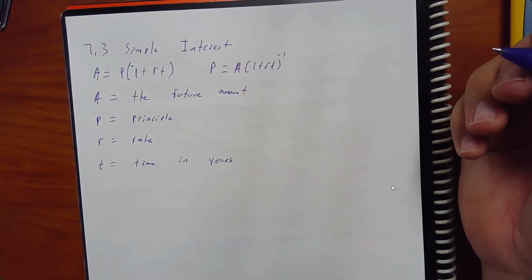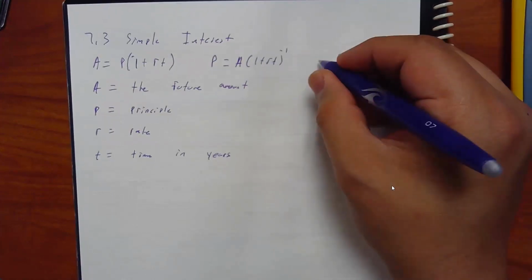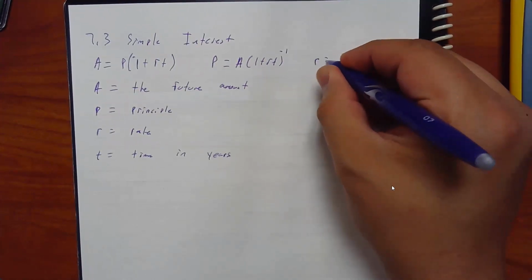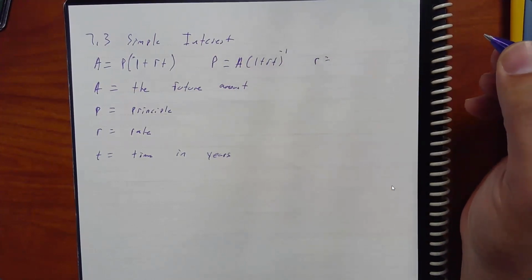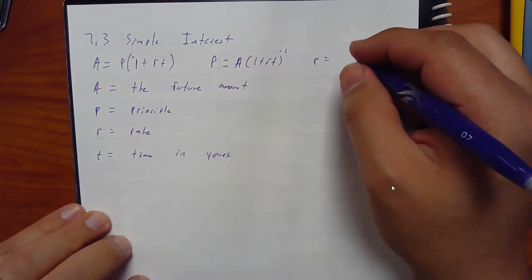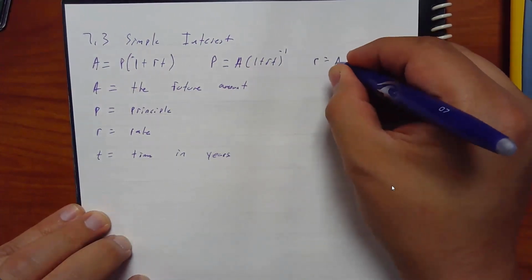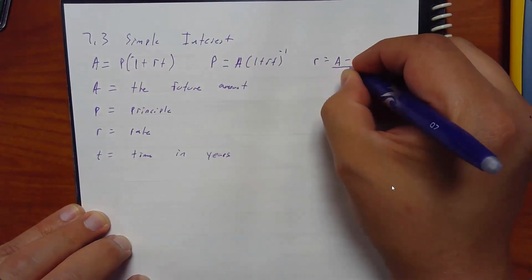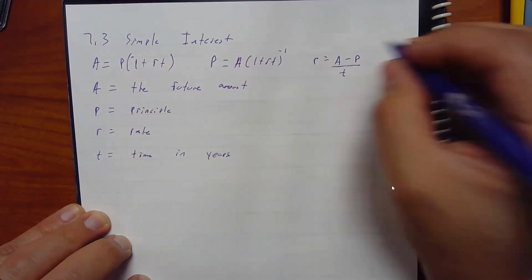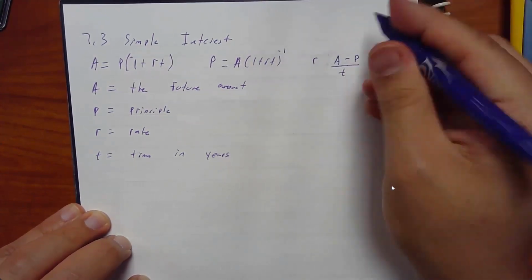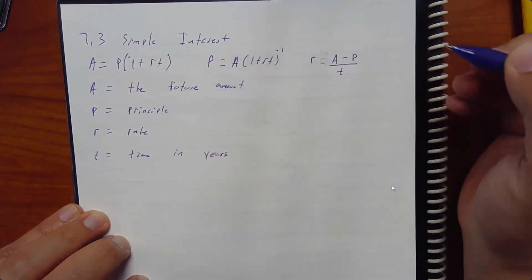Now, if they want rate, you would have to solve for it. Use this: A minus P over time as rate. So if you don't want to think about it too hard, you can use these formulas.